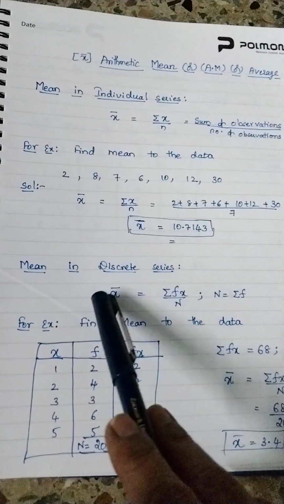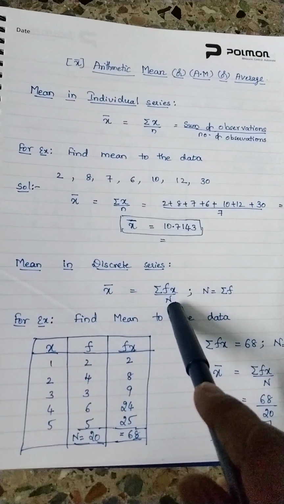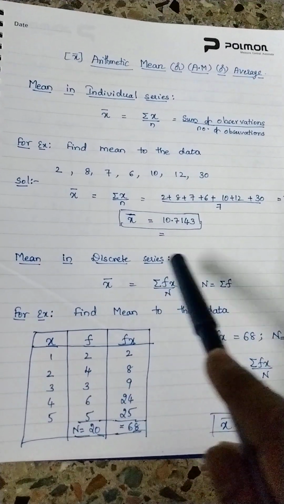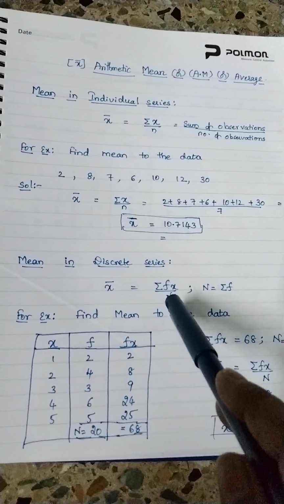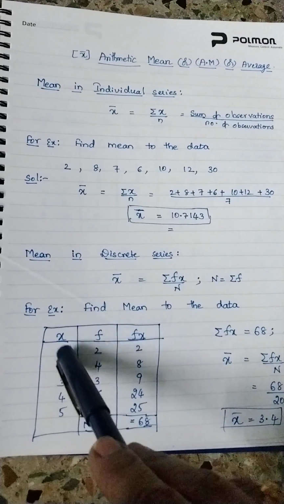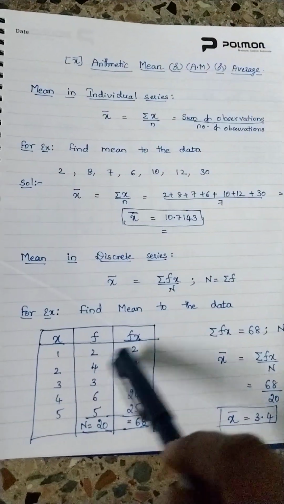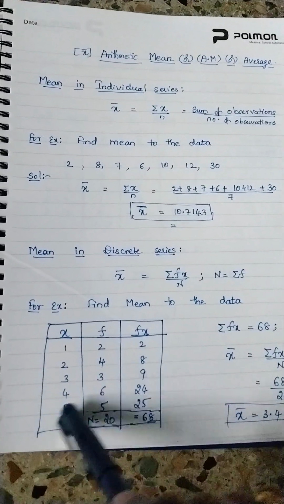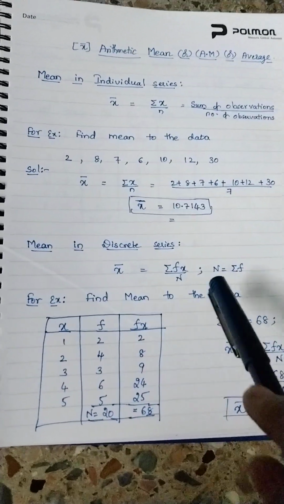See, the formula is x bar is equal to summation fx by capital N, where you have to find the f into x column. So here we have found the f into x column. That is 1 2s are 2, 2 4s are 8, 3 3s are 9. Likewise, you find the rest.